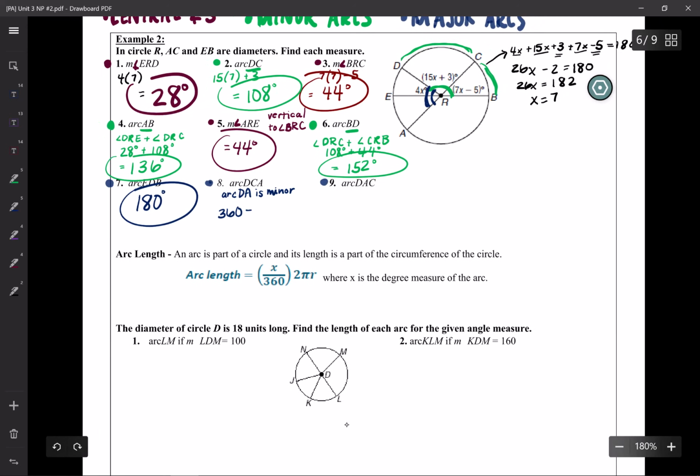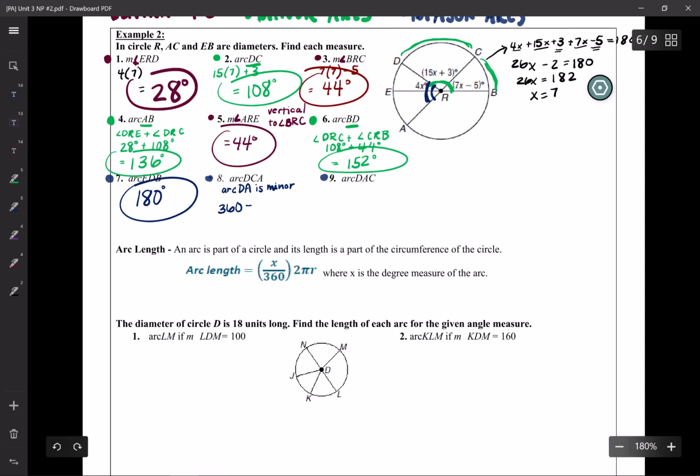And DA is just going to be DRE, that was 28, plus whatever was vertical to angle ERA, and that was 44. Right, so that's what makes up DA. So that's 360 minus 72. Let me plug that in real quick. That's 288.